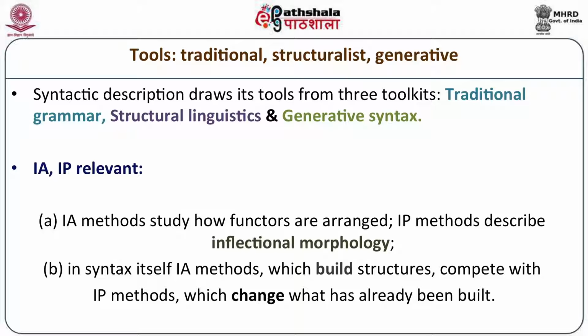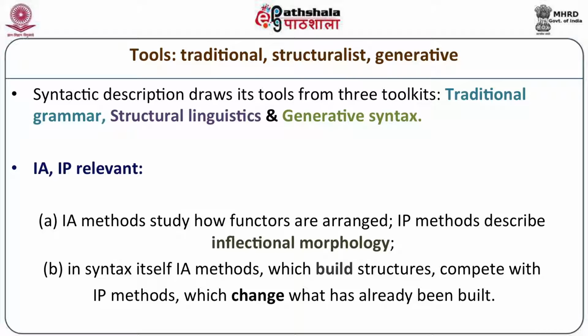While we go through all the phenomena to be described in syntactic work over the next 20 modules, you will be noticing that syntax is one more place where the debate between IA and IP goes on. The debate between the item and arrangement approach and the item and process approach.